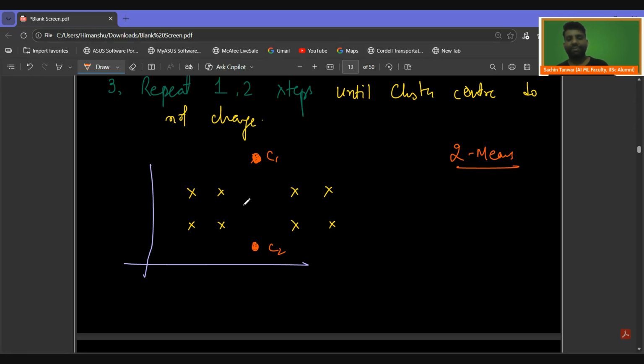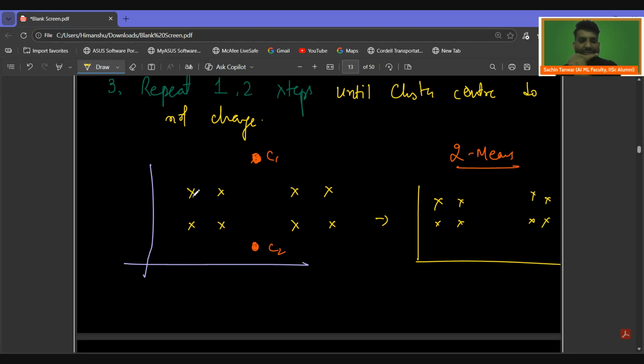What would happen? The first step itself would go like this. I'm just making them closer to each other so that it doesn't cause a problem. You can see all these 4 data points would be closer to this one, and all the other points would be closer to the other, and there would be no change further.